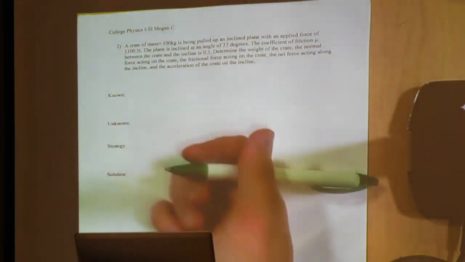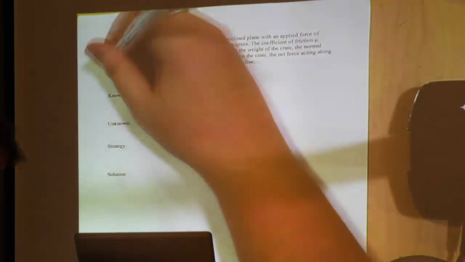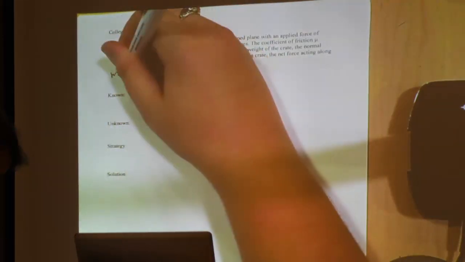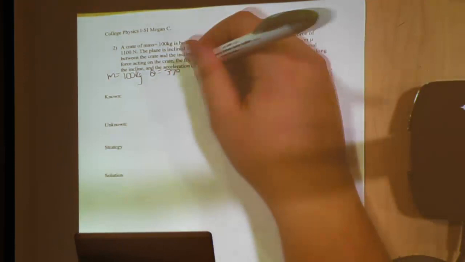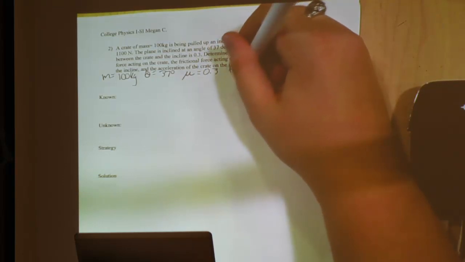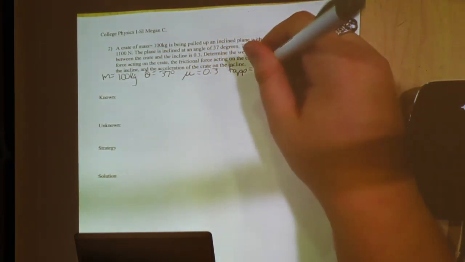So we're going to write down what we know. We have a mass of 100 kilograms. We have an angle equal to 37 degrees. We have a coefficient of friction mu equal to 0.3. And we have an applied force equal to 1100 newtons. All right.